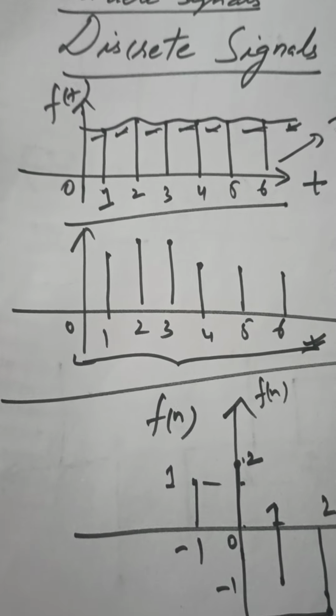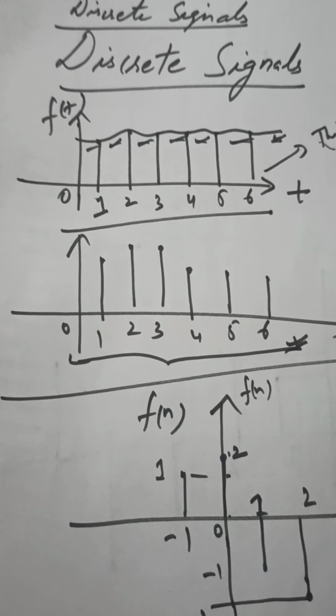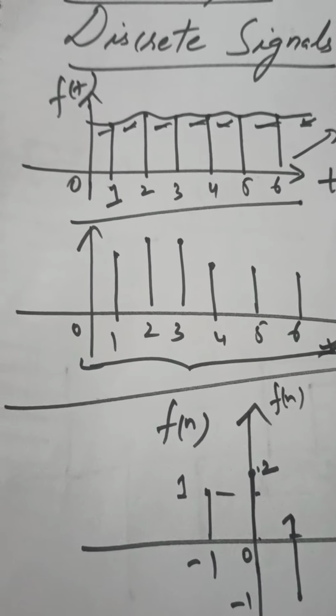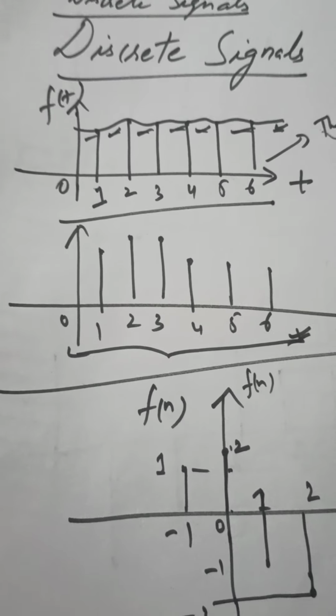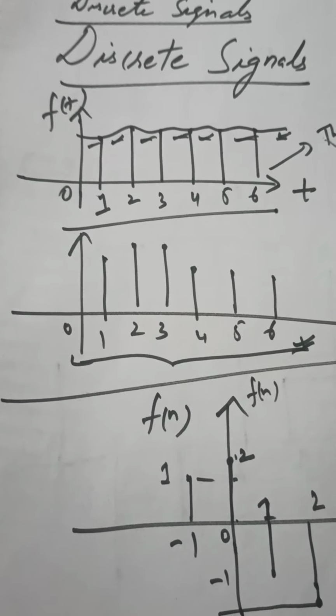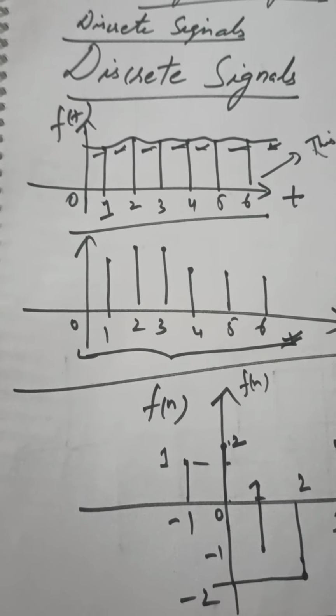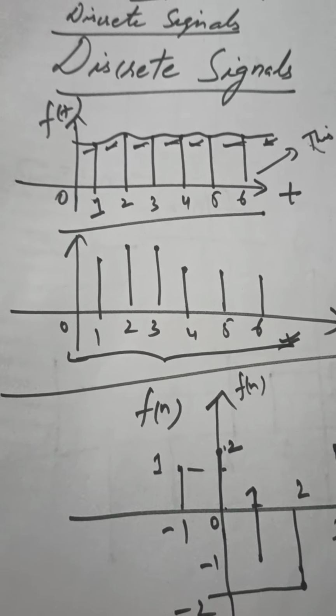But can we say the same thing for all the signals? There are various kinds of signals that are present in this world, and we have to study each of them.